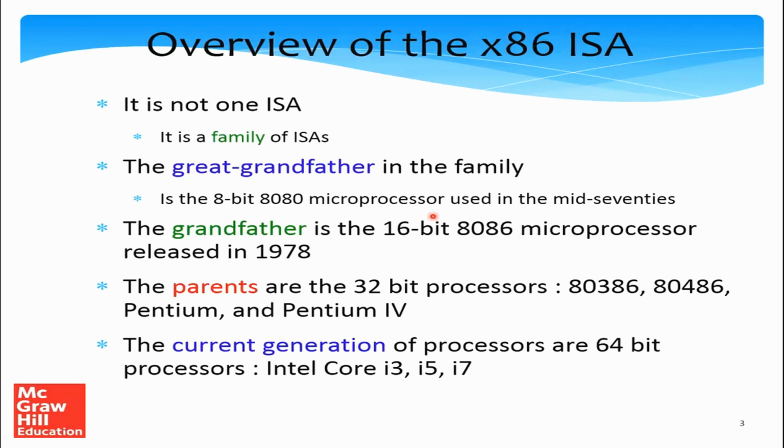Because as you can see from the previous slide, there are a lot of microprocessors with the suffix 86, 8086, 80386, 486, Pentiums, Intel Core i3, i5, i7. So all of them pretty much use the same kind of assembly language.